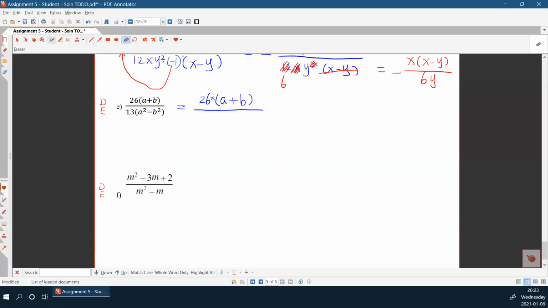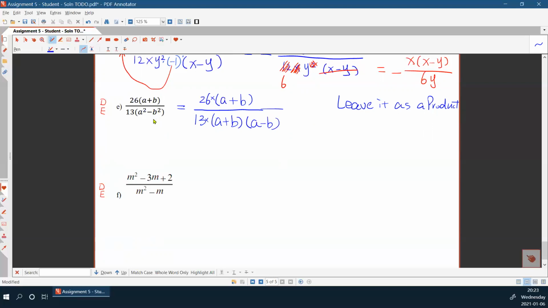It's better to leave it as a product. And for the denominator, a squared minus b squared is a plus b times a minus b.